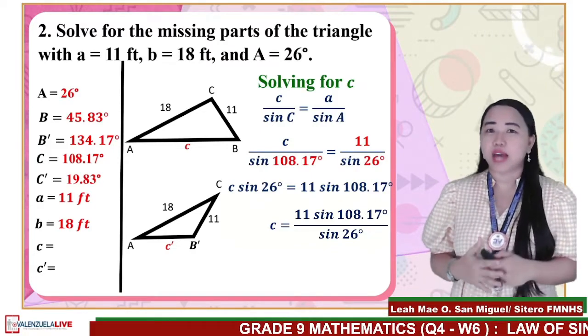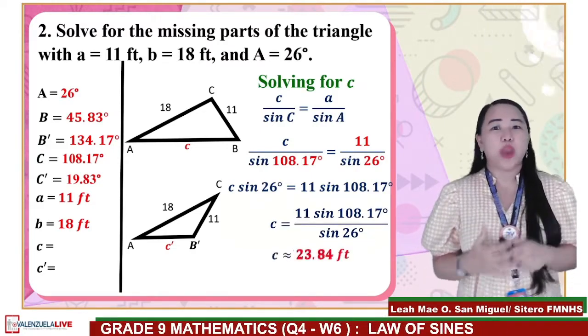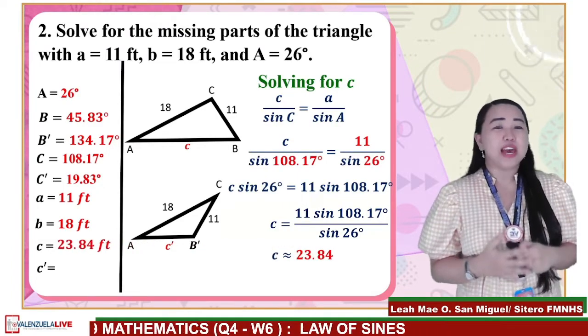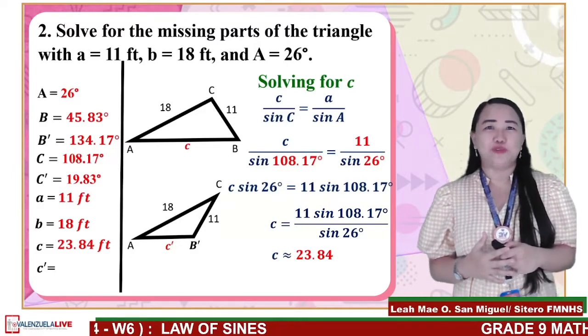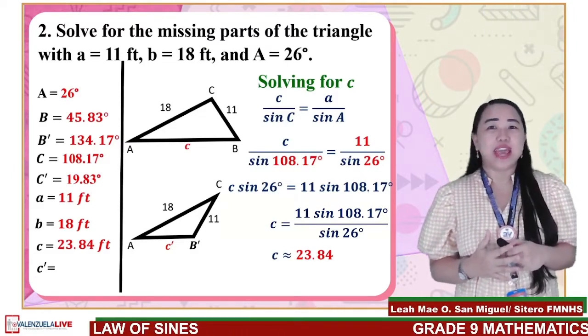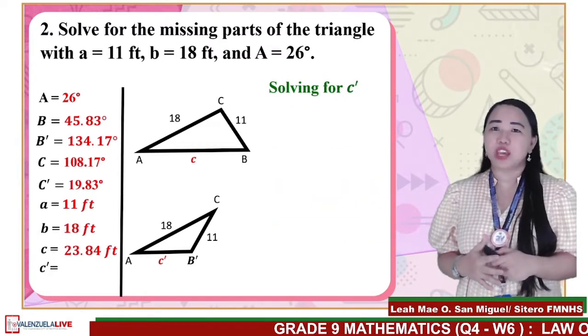Using the scientific calculator in degree mode, the approximate value is 23.84. Thus, the length of c is 23.84 feet.